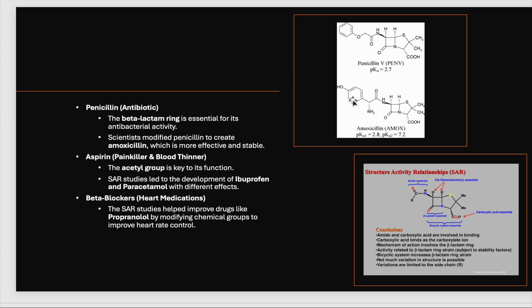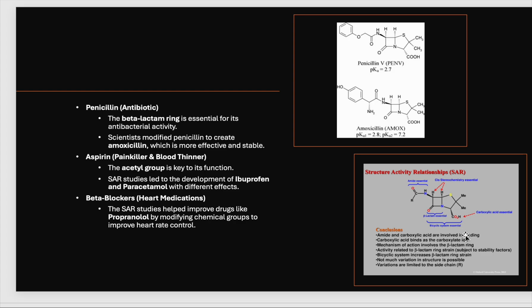It increased the polarity. Instead of O being here, the O was here. It increased the hydrogen bonding. It made it a better hydrogen bond donor, OH, and also acceptor. So you can see here in the SAR, the amide and carboxylic acid are involved in binding. Here you can see that this is the amide, CONH, and this is the carboxylic acid part.